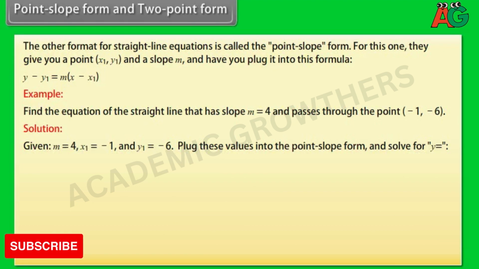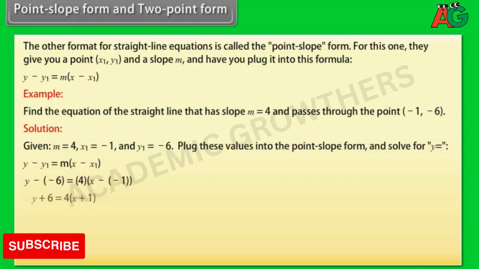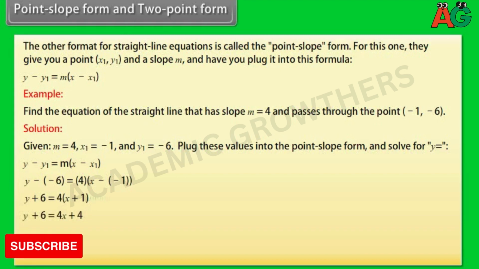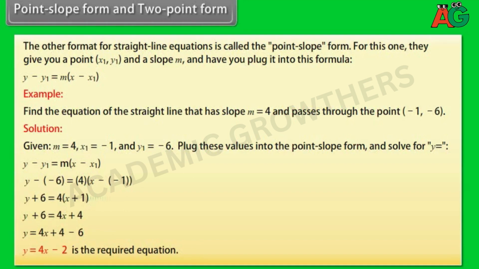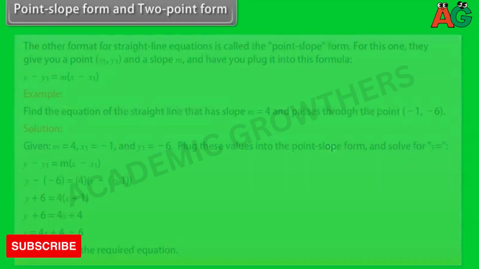Plug these values into the point-slope form, y minus y1 is equal to m into (x minus x1). Substitute the values in the above equation and then on solving for y we get y is equal to 4x minus 2, which is the required equation.